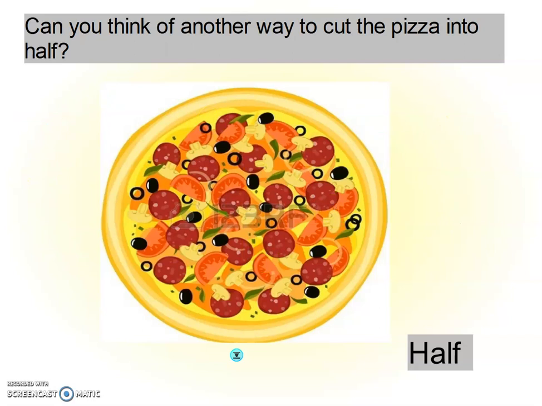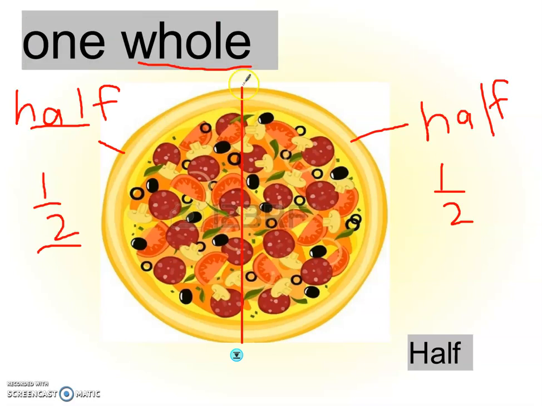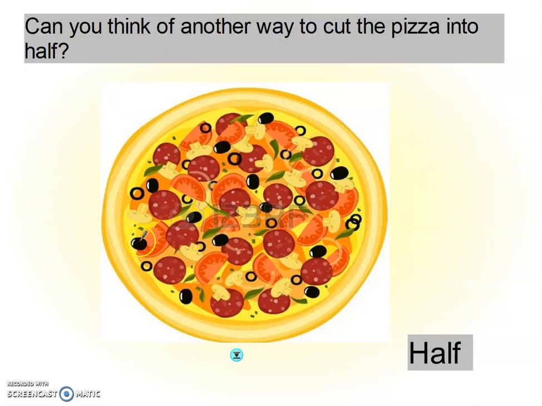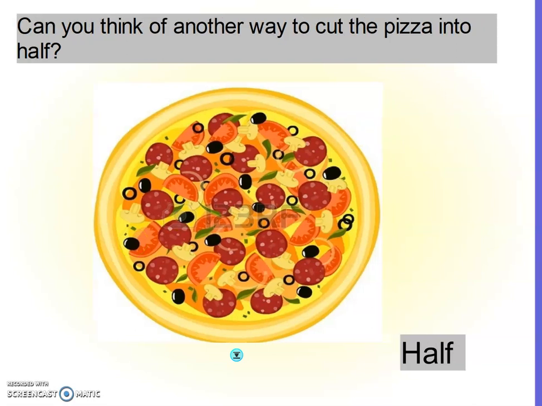Let us go further. Can you think of another way to cut the pizza? I cut the pizza from top to bottom. What is the other way I can cut the pizza? Can you think? Can you try it on your whiteboard? Yes. Let's draw a pizza on a whiteboard and try to make it half, but in another way, not from top to bottom.